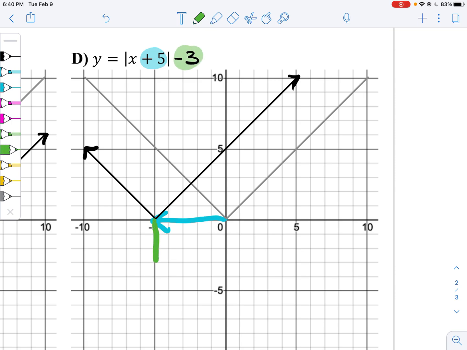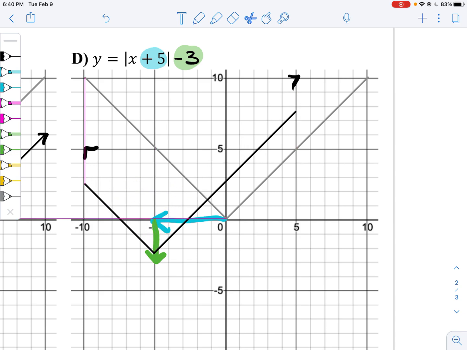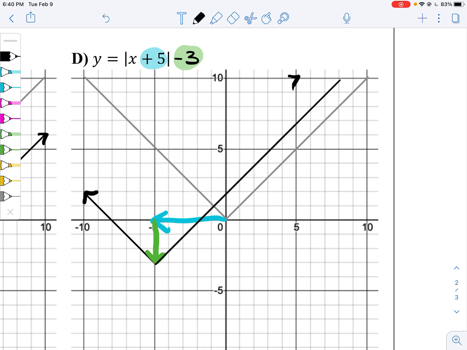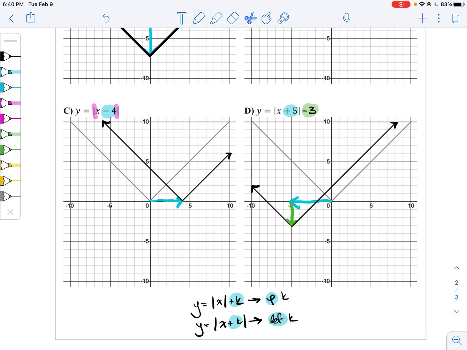So go 1, 2, 3, but why though? Because it's a shift in y. Then we bring this guy down all the way to 3, and he would go more like that. So that's what would happen if we changed the graph. So you can have both. There, I just proved it to you.